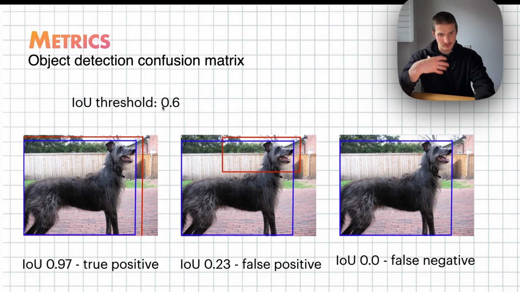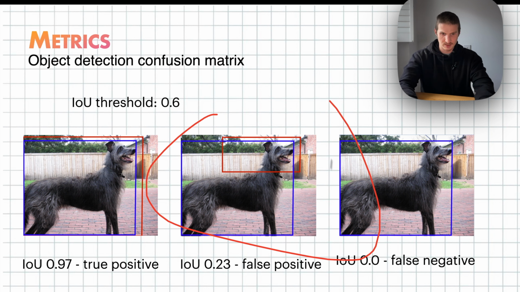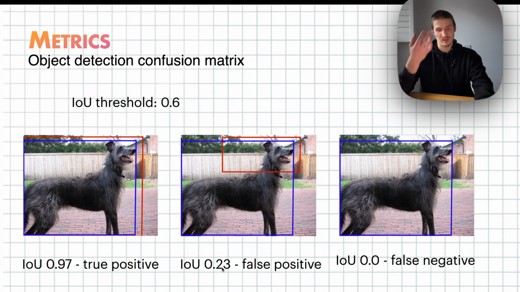We're going to say that any bounding box that intersects with more than 0.6 with ground truth is going to be correct. So in this case, the bounding box is correct, the class is correct, so it's a true positive. Now in this case, the bounding box is off by a lot, so the IOU is just 0.23, so it's not a correct prediction, that's a false positive. And then in this case, there is a dog, but we didn't find it, so it's a false negative.